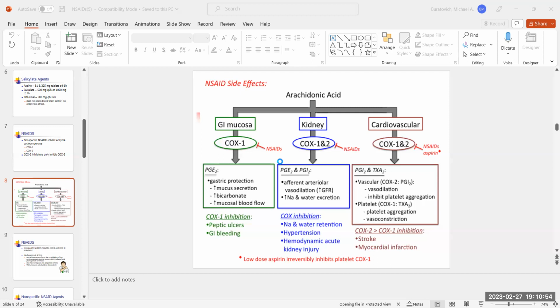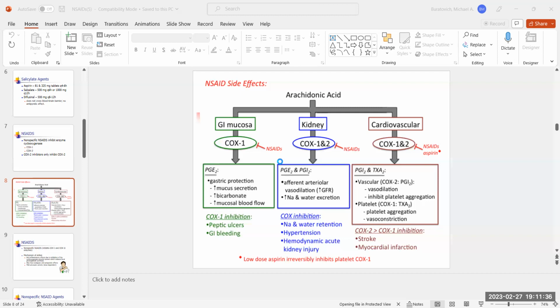So the endothelial cells, it turns out, have a constitutive COX-2. Low levels of COX-2. And they use that to make prostaglandin I, otherwise known as prostacyclin. That causes vasodilation. That tends to diminish platelet aggregation. The platelets have COX-1. And when activated, they use COX-1 to make thromboxane A2. Thromboxane A2 causes vasoconstriction and platelet aggregation.